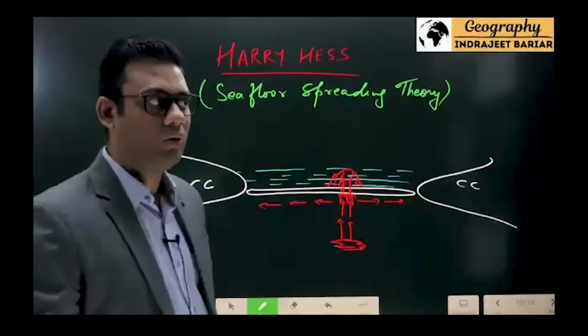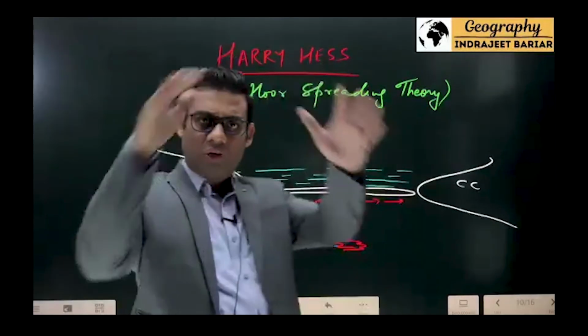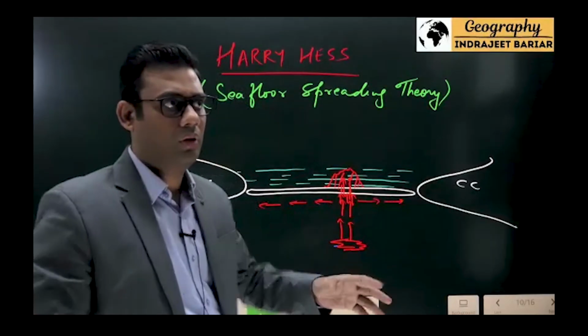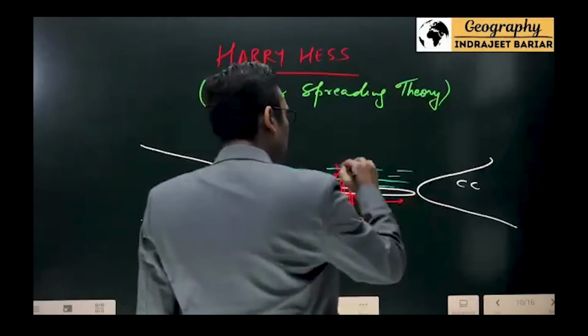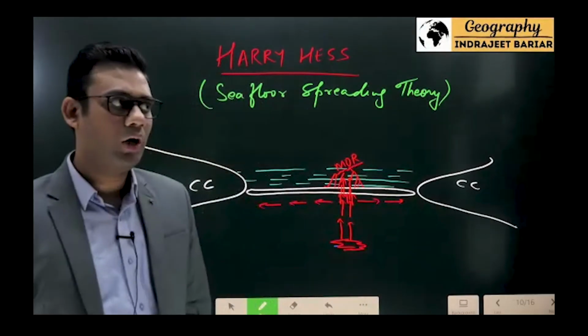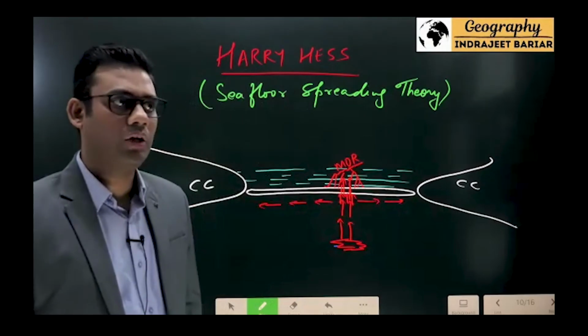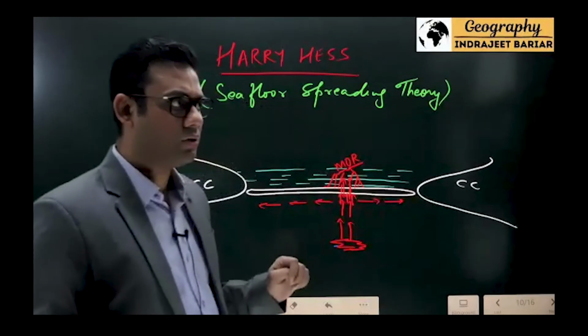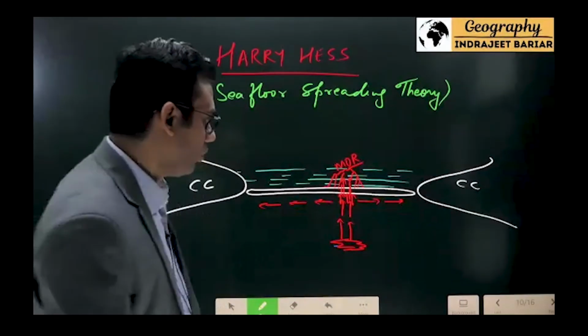Magma solidifying over here will result in a sort of mountain, like a volcano. This mountain is called the mid-oceanic ridge, MOR. Ridge means mountain. So here the mid-oceanic ridge forms.